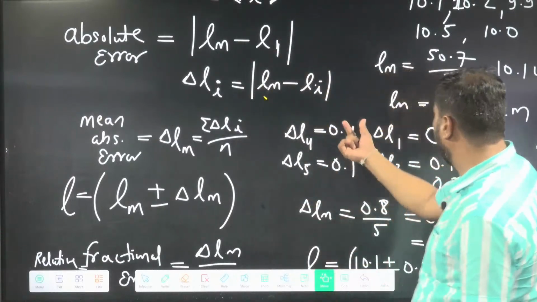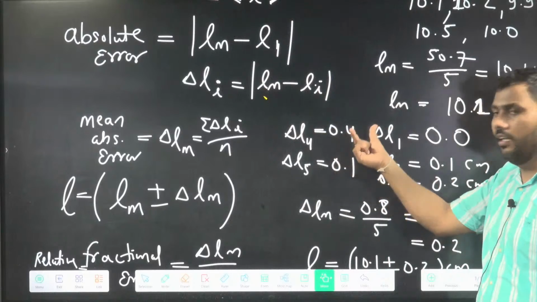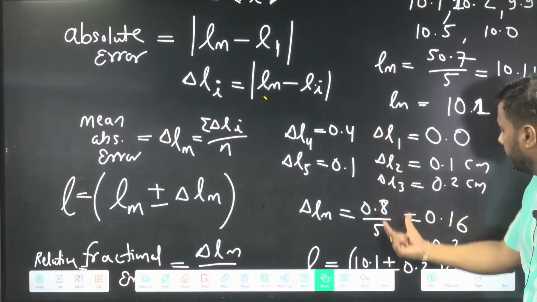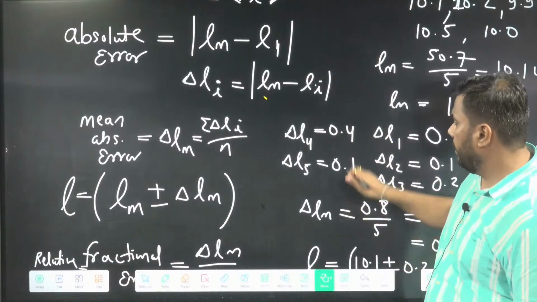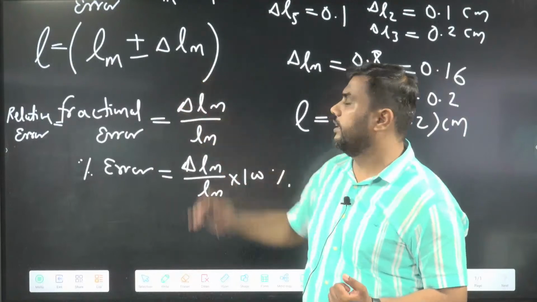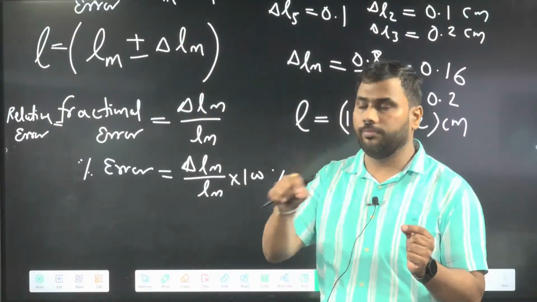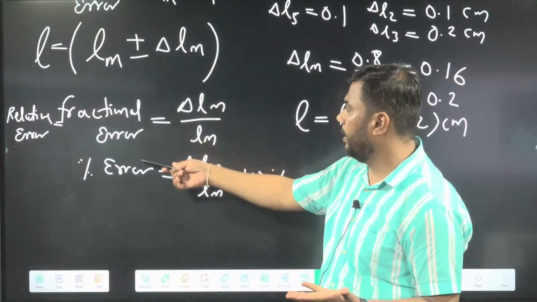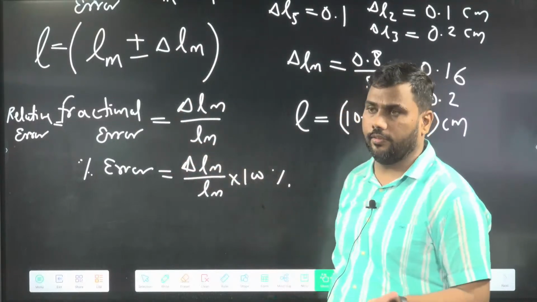Average of this is called mean absolute error. Whenever we report our physical quantity with error, we always report it like this: mean value plus minus delta L mean. Okay, then we can also report fractional error, relative error, or percentage error.